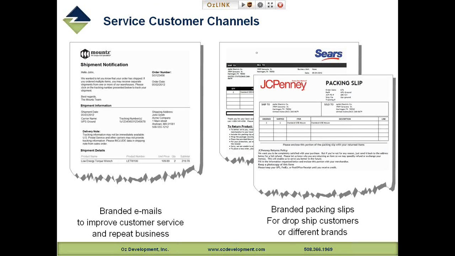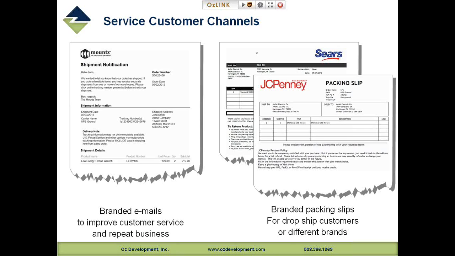Then a couple of examples of improving the communications with the customer. On the left, you have an example of a branded email that goes out and really confirms that shipment in real time as it's processed. On the right are branded pack slips for the drop ship scenario.